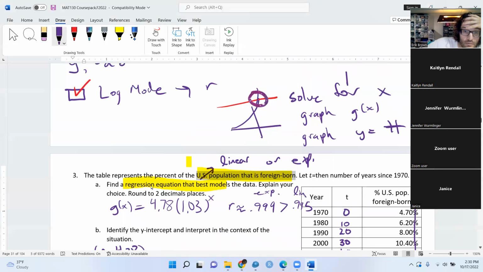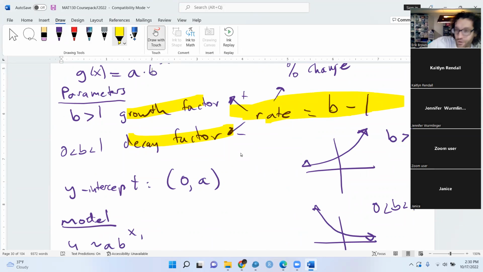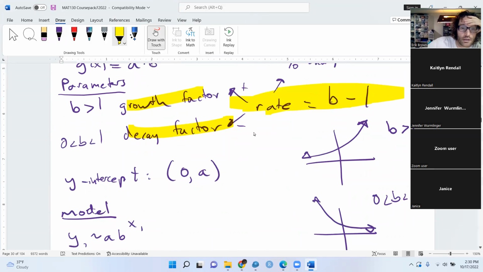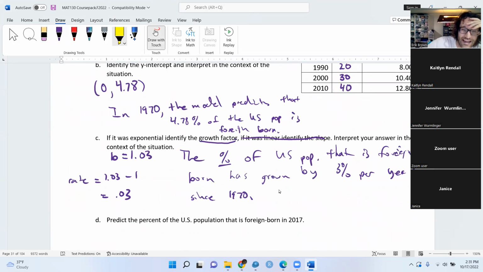And where that's coming from is what I wrote right here. That thing. So when you interpret the B value, you can either use the factor or the rate. I think in many cases, talking about the percent growth makes more sense. That's what you did already in unit 1. But either one's fine. You just have to make sure you use the word factor.